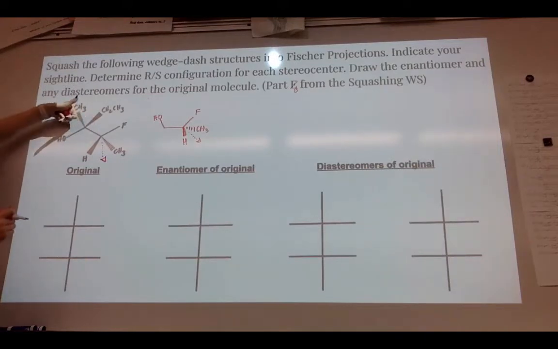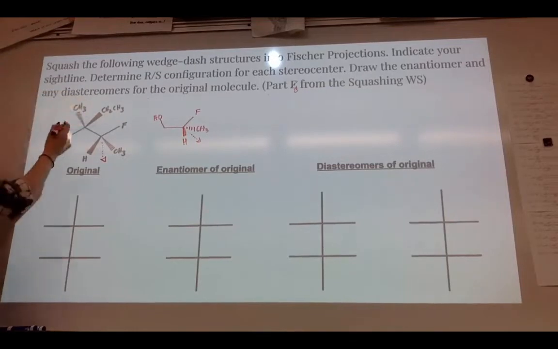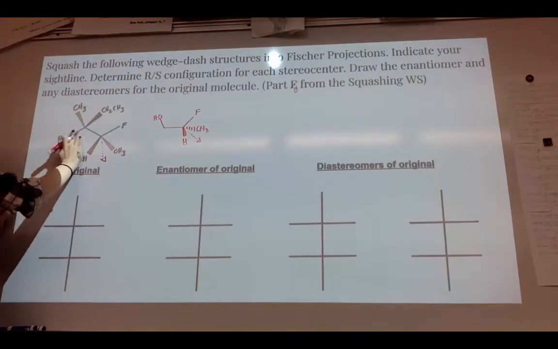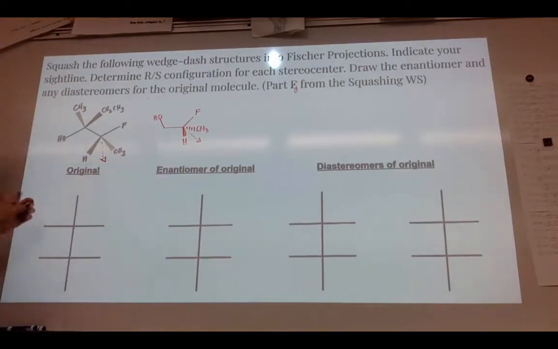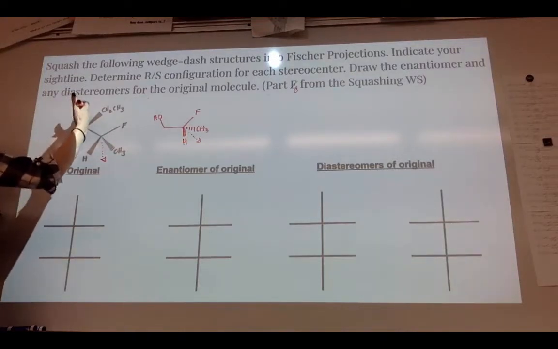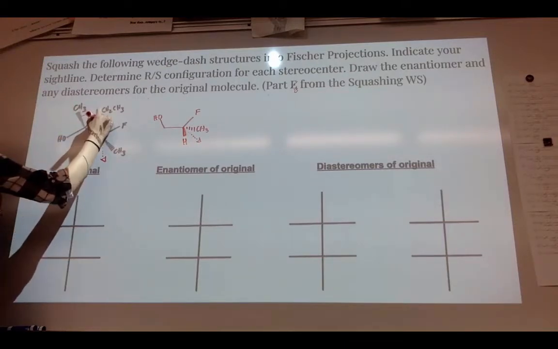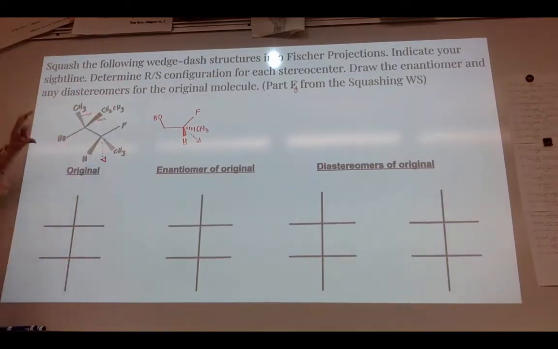When I rotate it to put the OH up at the top, that swings these down as well. When you're rotating something, what's in the plane of the paper isn't changing in terms of single line, wedge or dash, because it stays in the plane of the paper. But as I rotate it, this becomes a wedge and this becomes a dash.